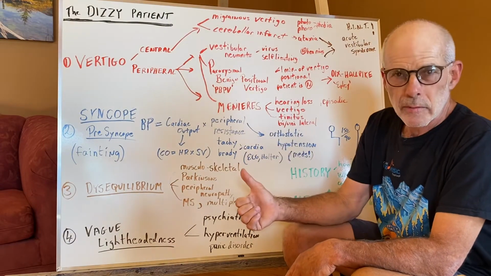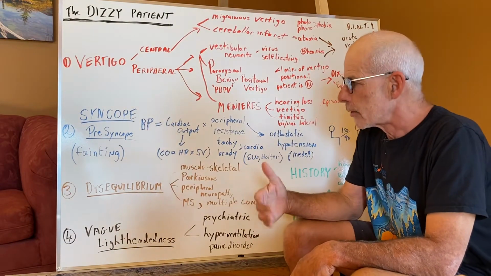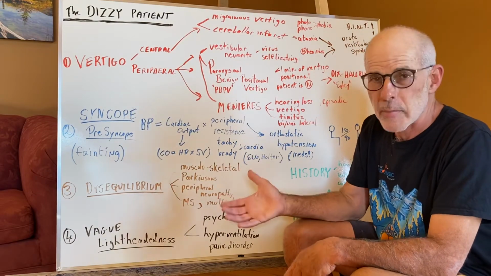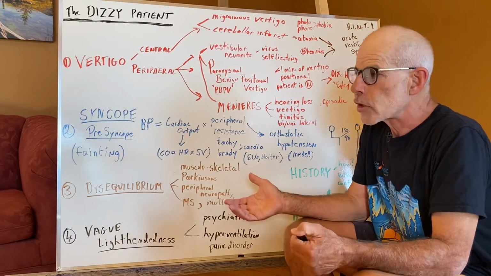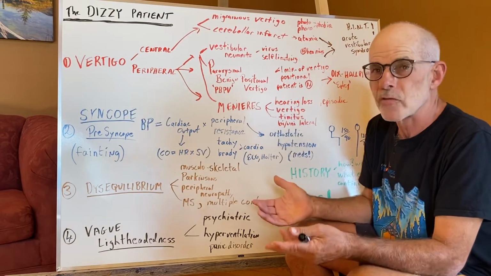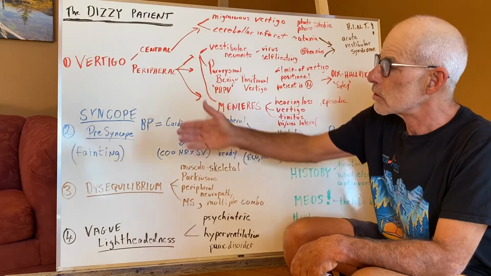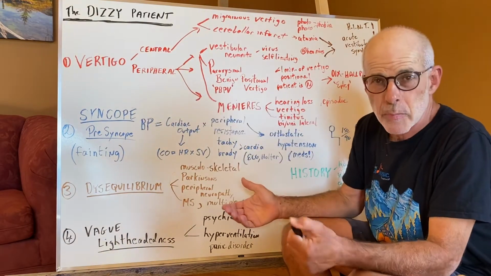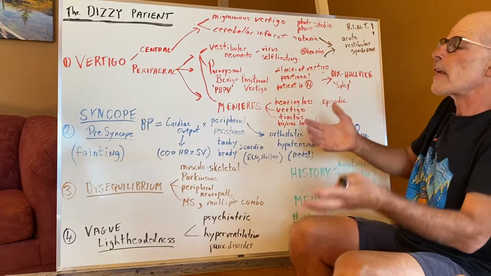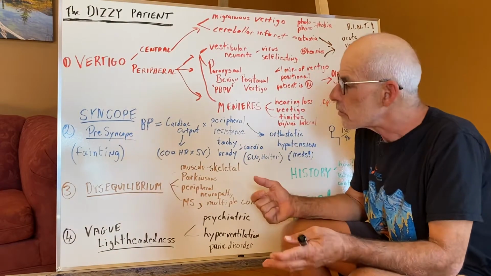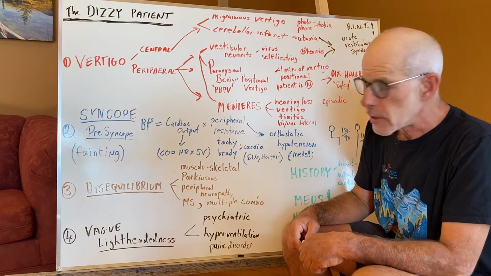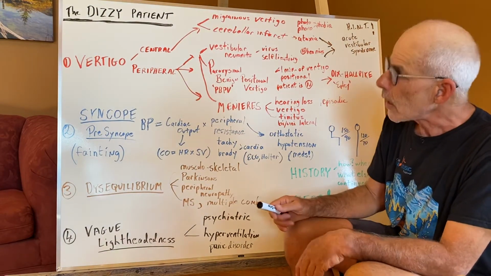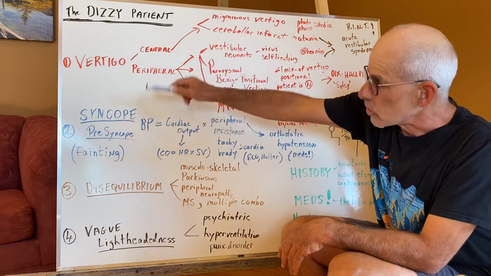So assuming that the patient has oxygen and glucose, then the thing that's going to immediately lower their blood pressure will cause a patient to faint. When they actually faint, it's syncope. When you feel like you're about to faint and you don't actually faint, that's pre-syncope. So that's a general category.